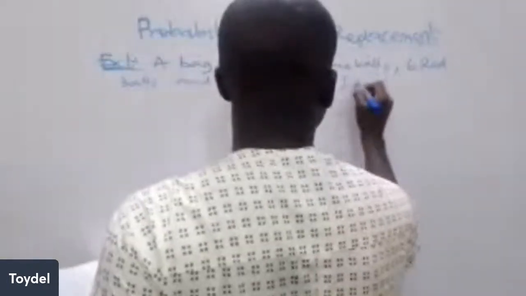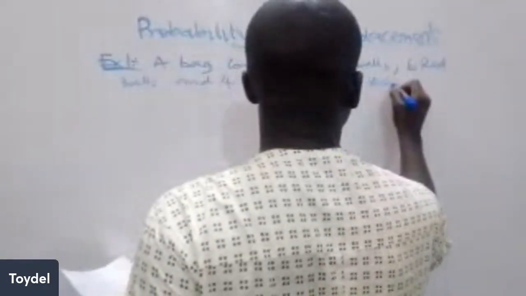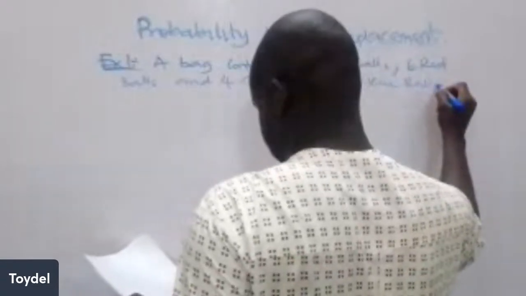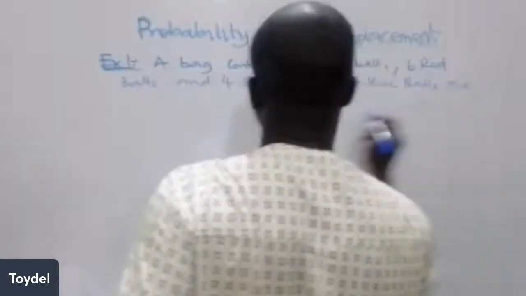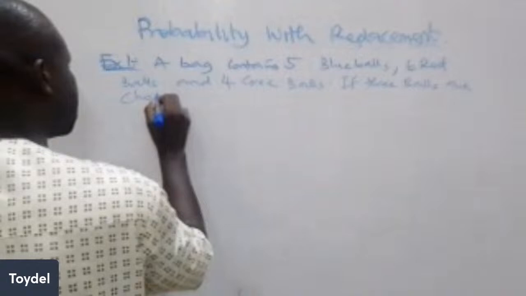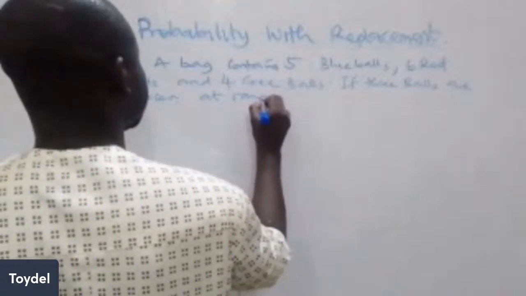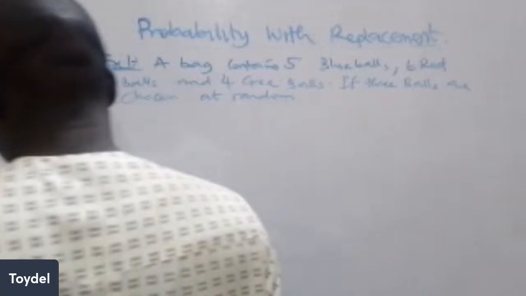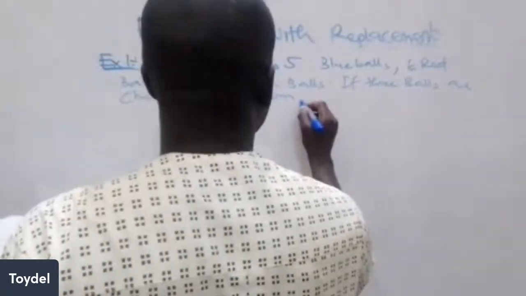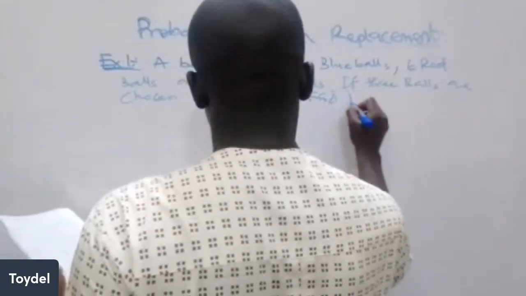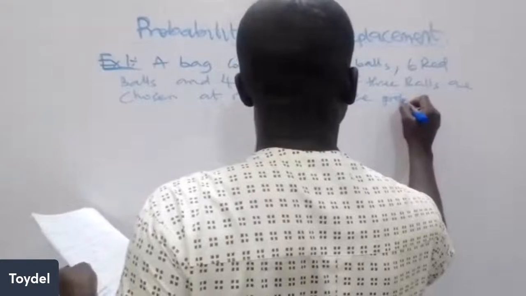So if three balls are chosen at random, find the probability.